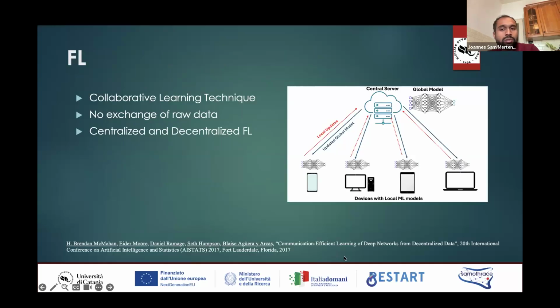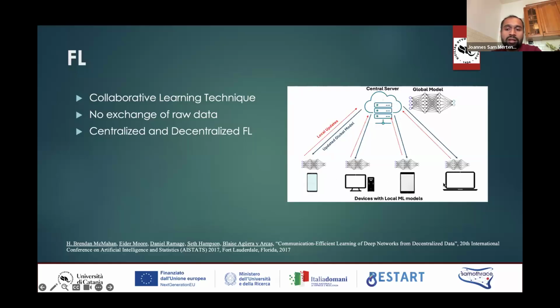So Google proposed this technique, and it works in a simple manner: you have client devices that have the model locally, but instead of sending the raw data to the central server, they send only the model weights to the central server, where they get aggregated, and the complete model parameters are sent back to the devices.